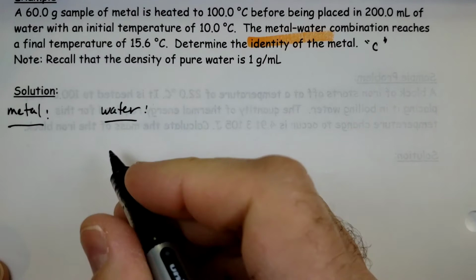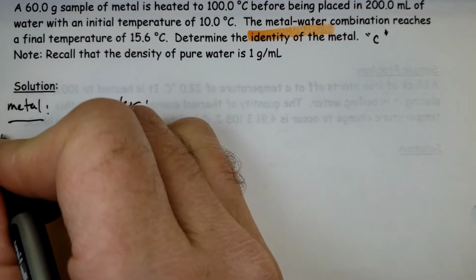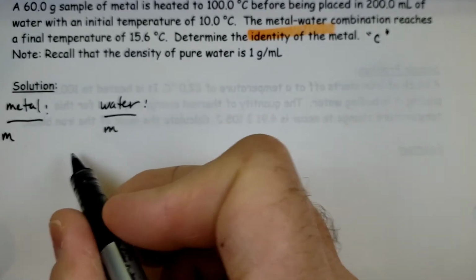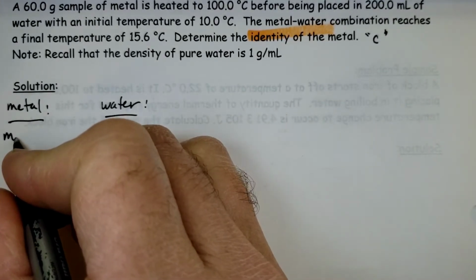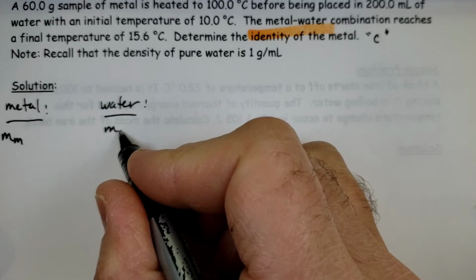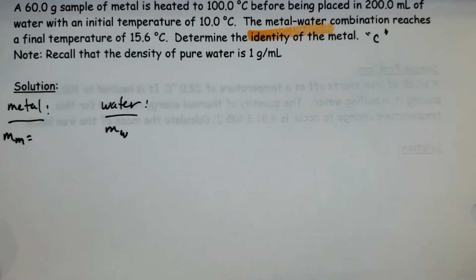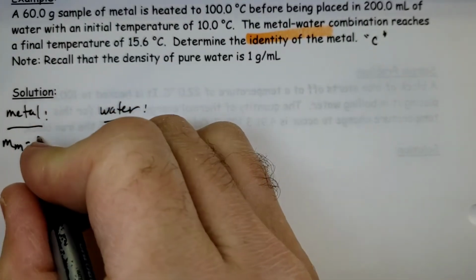To distinguish one from the other, sometimes what I do is I write a little subscript. So the mass of the metal versus the mass of the water. To distinguish between the two m's, I'm just going to call this little m for metal and this little w for water. So the metal, we're told, was 60 grams.